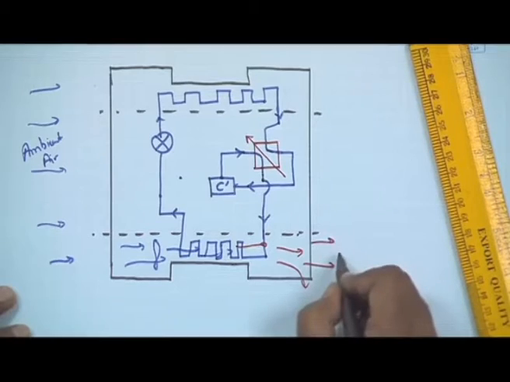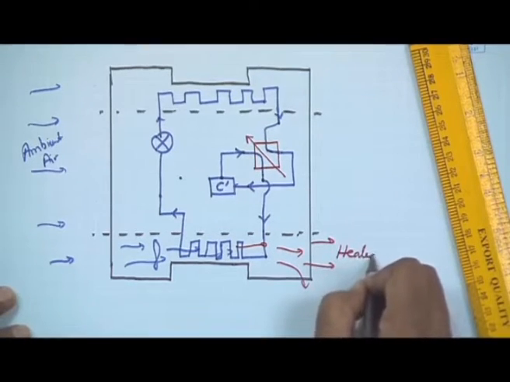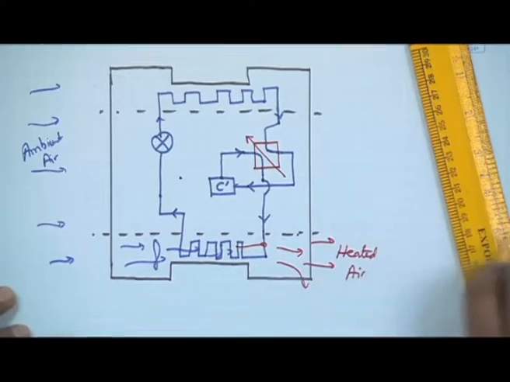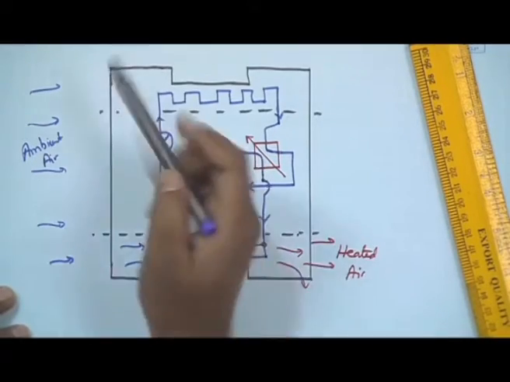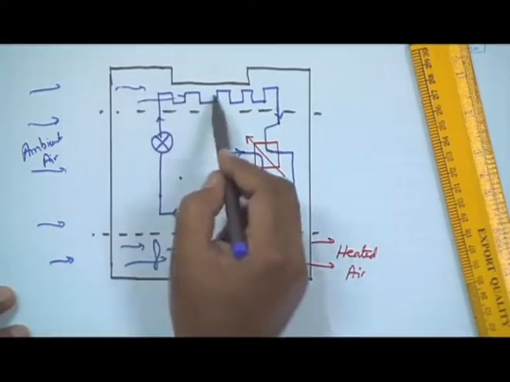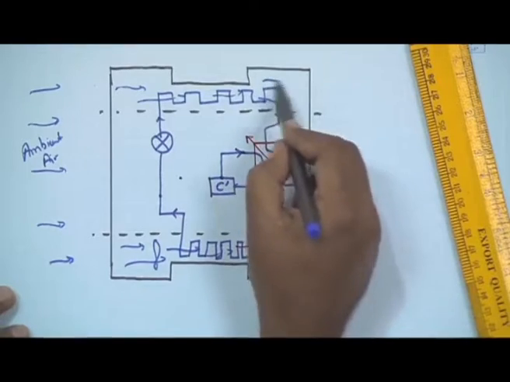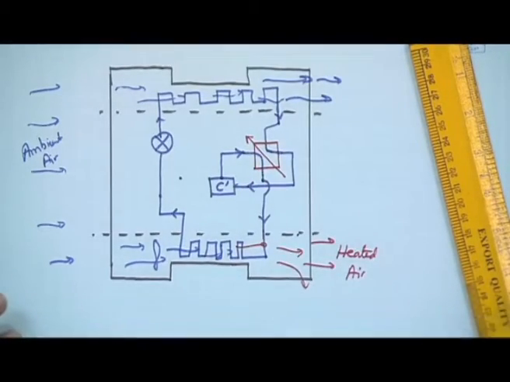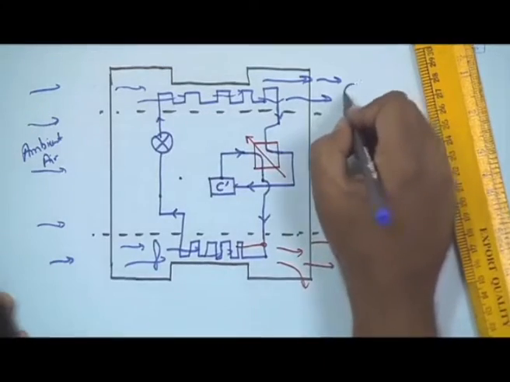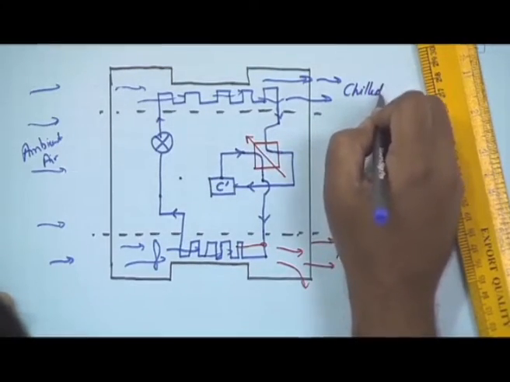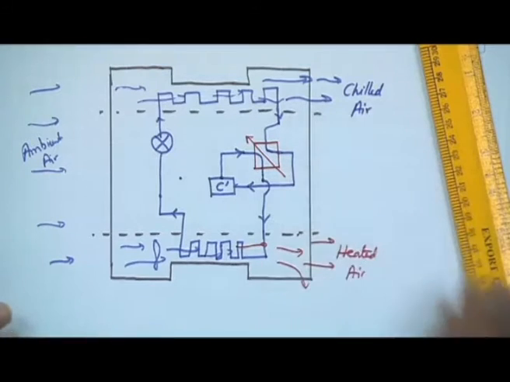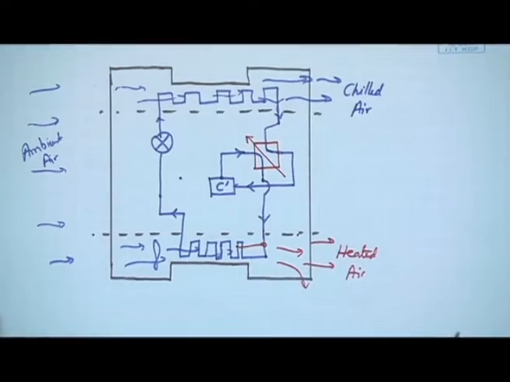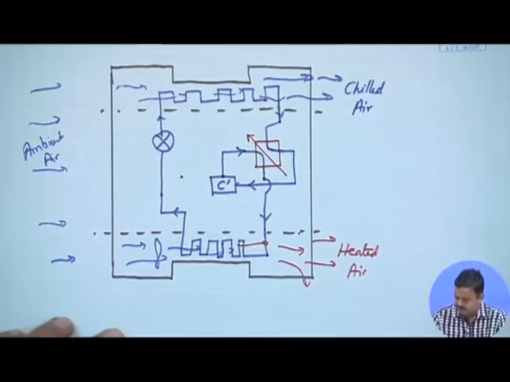Okay. So, this is heated air, and over here what comes out is even chilled air. Okay. So, this is chilled air. Okay. So, this is how it is. So, what has happened essentially, this is during winter.